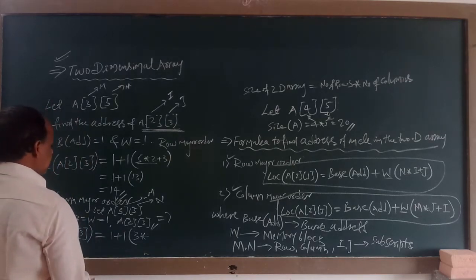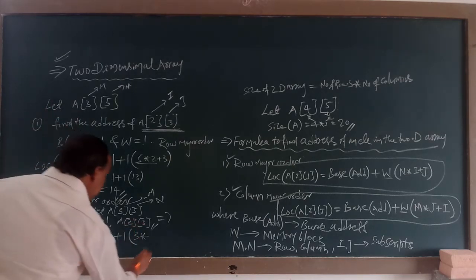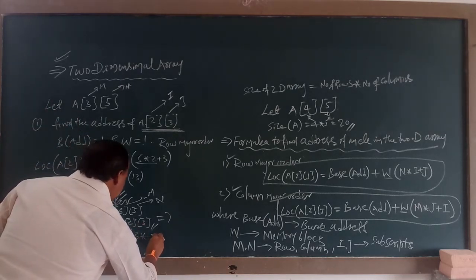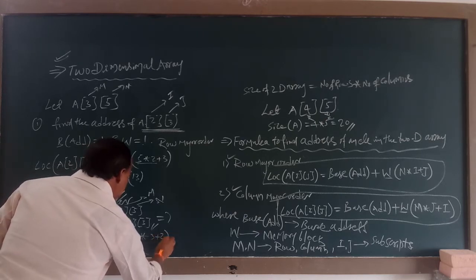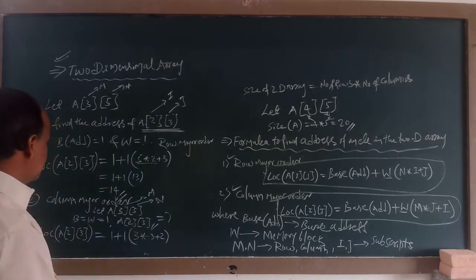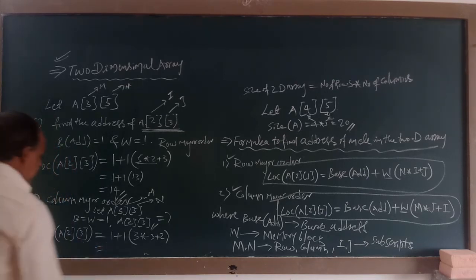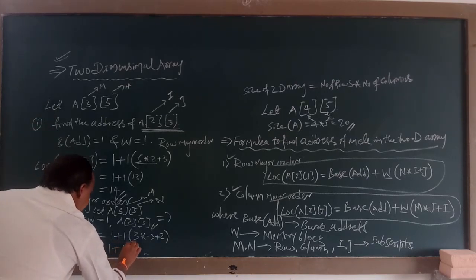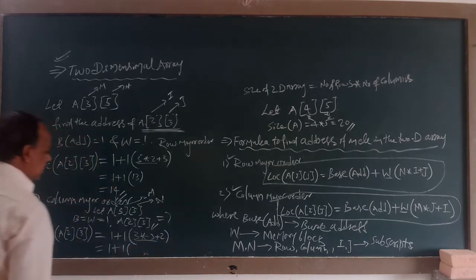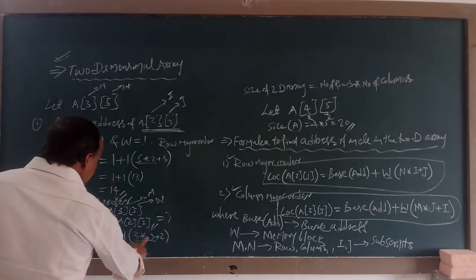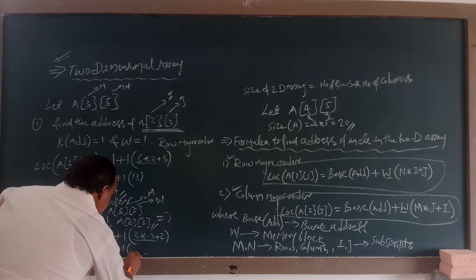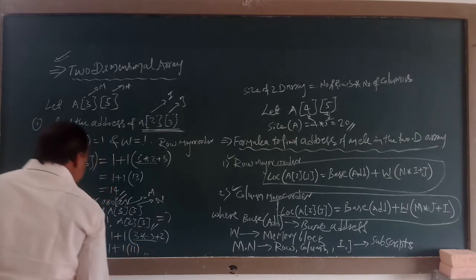J plus i means here 3 plus 2. So what is the answer? 1 plus 1 into 3, 3 threes are 9. 9 plus 2, 11, right?